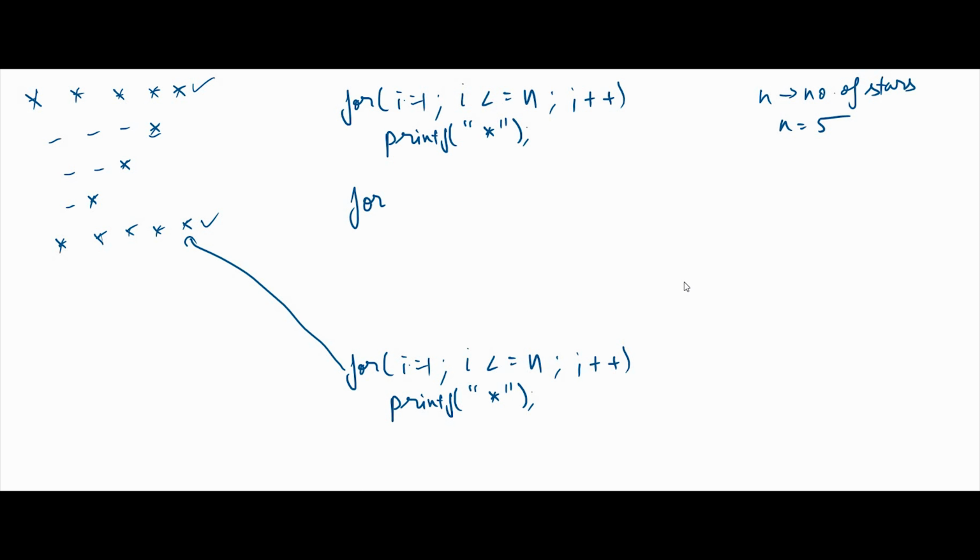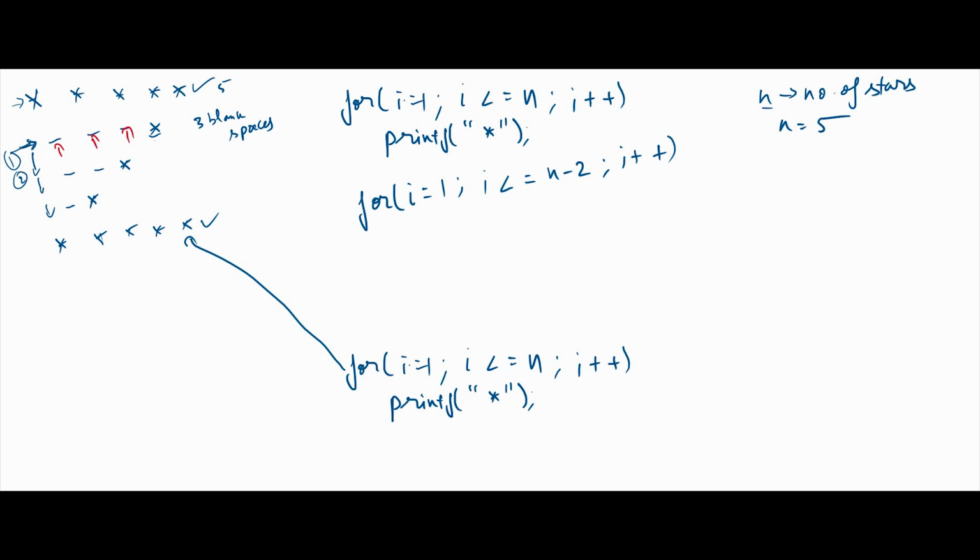So let's write the outer loop. We'll take the variable i for the outer loop. So i equals 1, i less than or equal to n minus 2. Why n minus 2? Because for 5 stars there are only 3 levels: 1, 2, and 3.